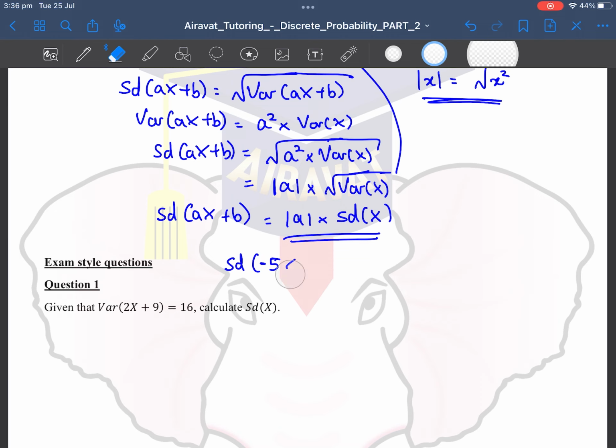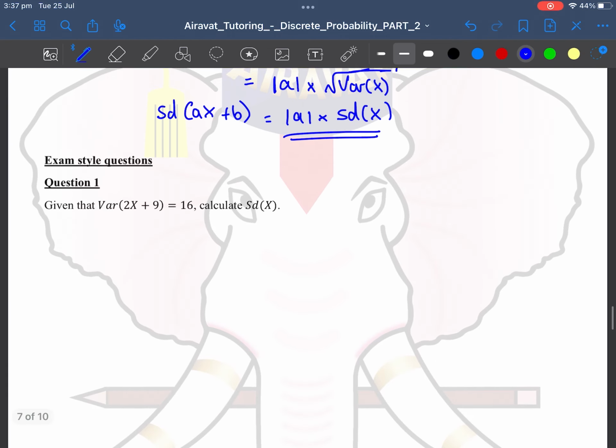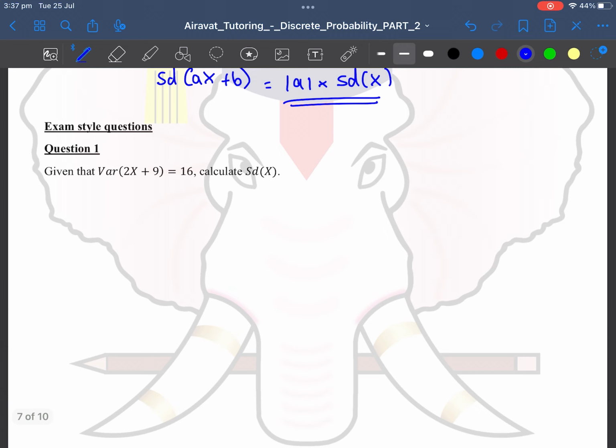Okay, now let's do this exam style question. Given that the variance of 2x plus 9 is equal to 16, calculate the standard deviation of x. The variance of 2x plus 9, if you use the linear identity for variance, is going to be 4 times the variance of x.